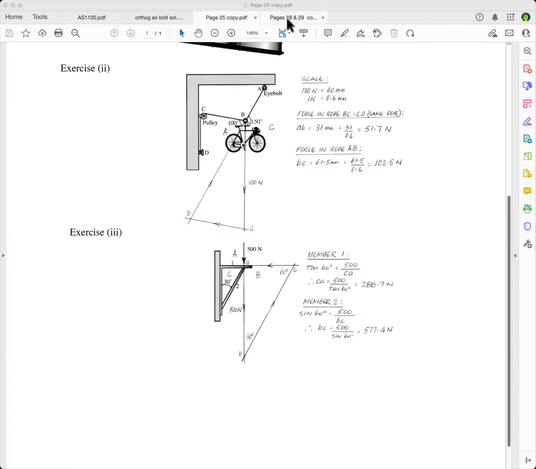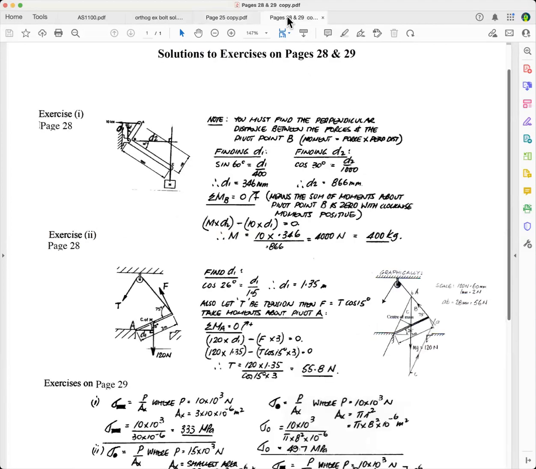And let's have a look at these questions on page 28 and 29. So what you had to do here is work out the weight, the mass that is used for this lever to keep it in equilibrium. Now, Josh didn't ask me to do this, but I'll do it again.